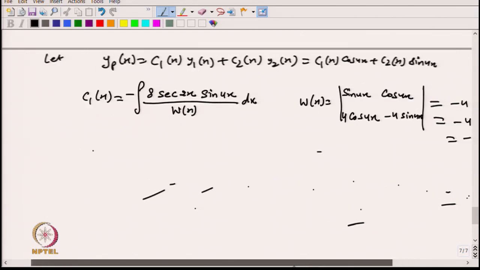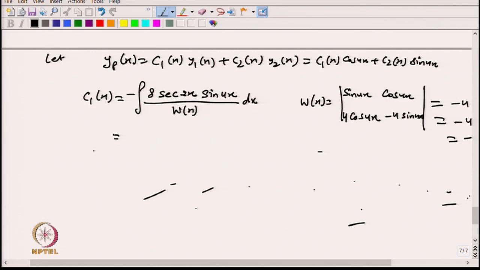So, once I know the value of the Wronskian, my c1 becomes minus 8 I can take outside, minus 4 also I can take outside. Inside I will get secant 2x sin 4x dx. Now, I know the half angle formula for the trigonometric function.